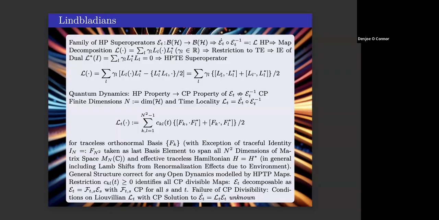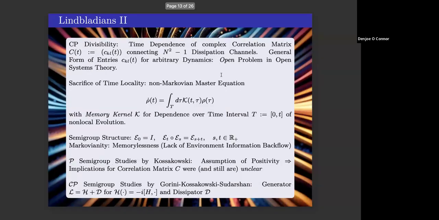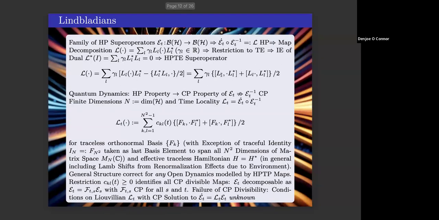And that's a divisibility assumption. And so this is a little bit related to this, that there are maps that could not be divided into smaller steps. Oh, and very important, if this divisibility fails, then the condition on such a general Liouvillian, that is the CP solution to this, is simply unknown to this very day.